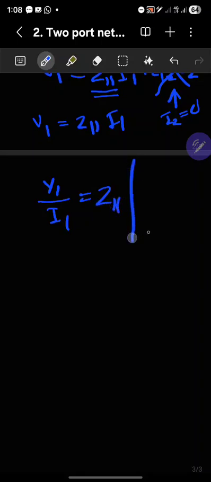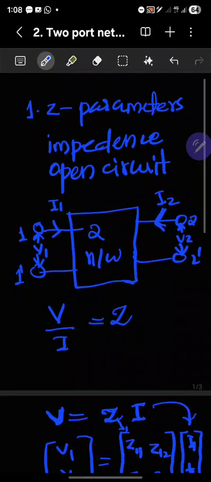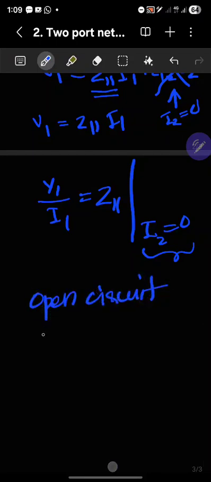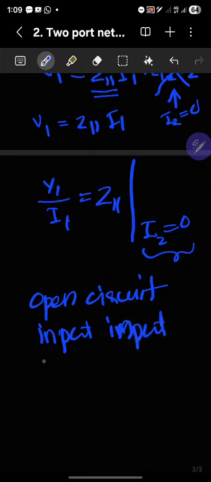We got this when I2 is equal to 0. What is the meaning of I2 equal to 0? I2 is the secondary current, so this current is 0, which means this port is open circuit. If it is open circuit, no current will flow. So we can call this the open circuit input impedance, because this is the ratio of input voltage and input current.